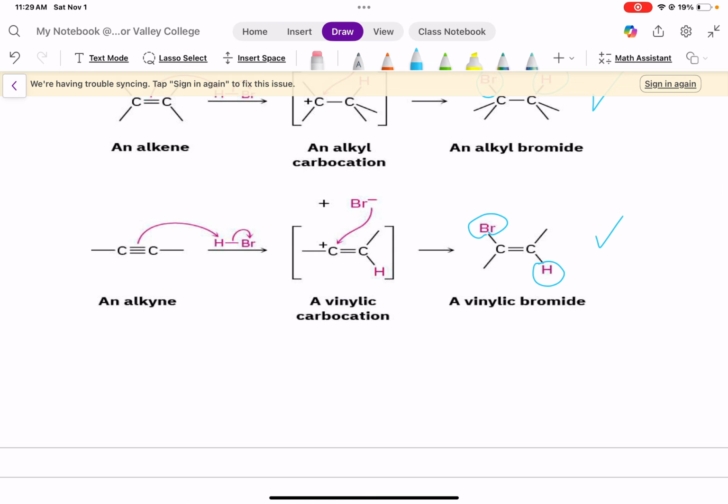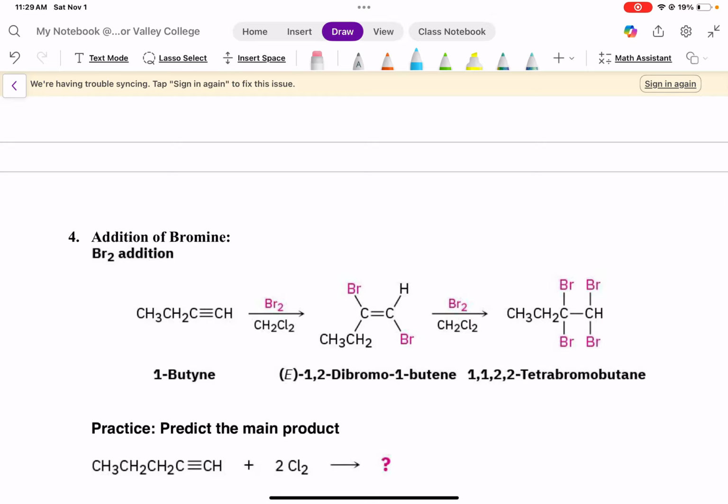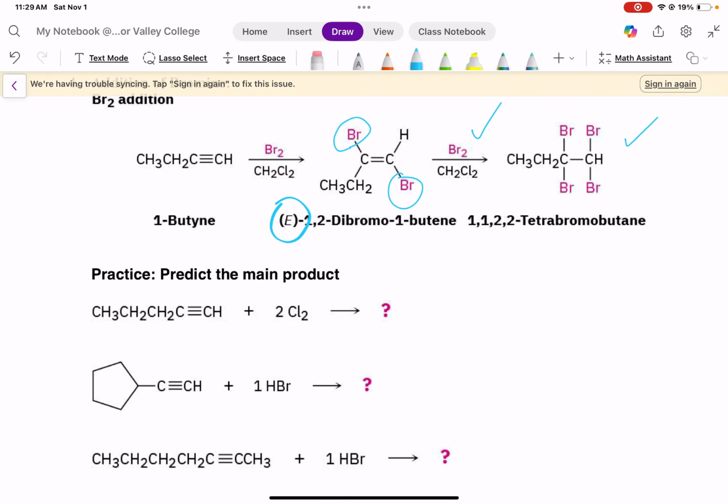Okay, the first additions. Now bromine is going to be very straightforward because you add one bromine to each carbon. So you got the two bromines coming in. Notice that they are trans, and that makes these molecules also trans. And when you add the second bromine, then they all filled up, so it doesn't matter anymore. Okay, so here if you add two, then it's going to be 1, 2, 3, 4, 5.